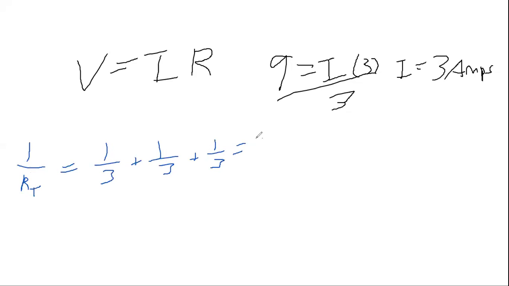Here's the part that gets a little confusing. What we have found is that 1 equals not R total, but 1 over R total. So we technically have to flip this over. If we flip this upside down, we just get RT. And technically, we have to flip the 1 upside down, so R number 1 would go on the bottom.